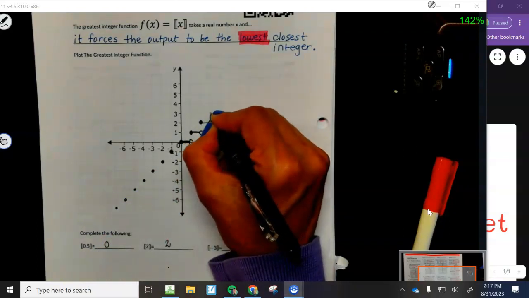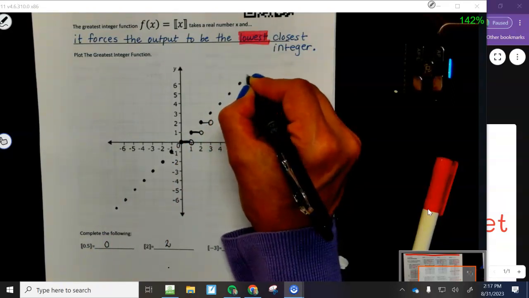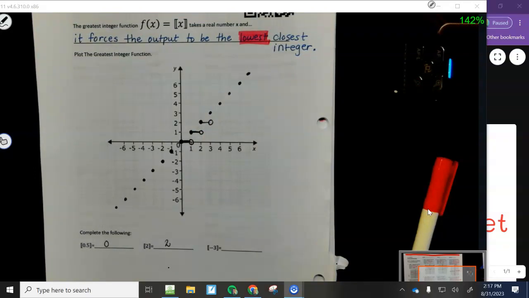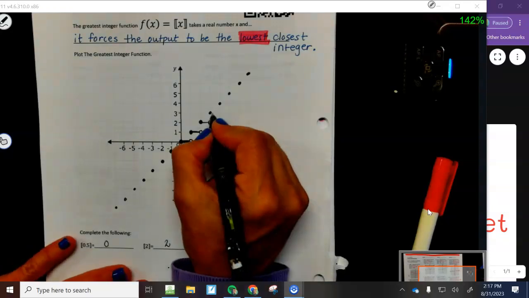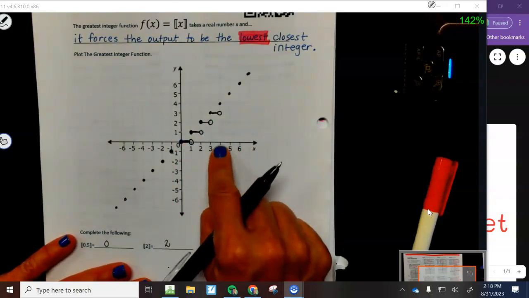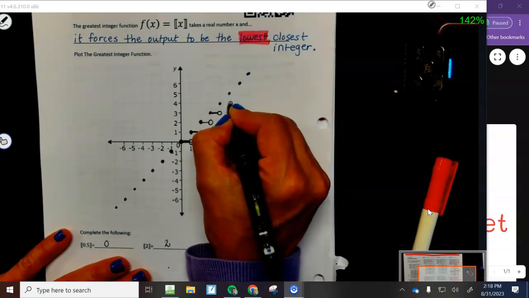I'm going to even continue where I left off on the right side. Let's just expand this graph as far as we can take it. Now remember, everything's getting rounded down. So all of these little steps have to have an open circle on the high side of the integer because everything gets forced down.